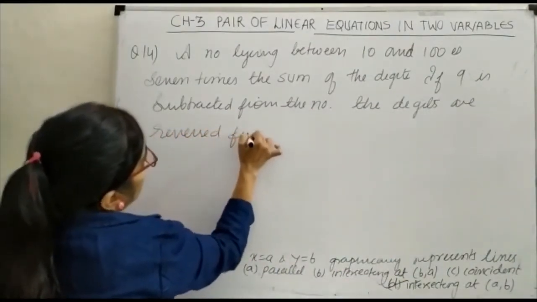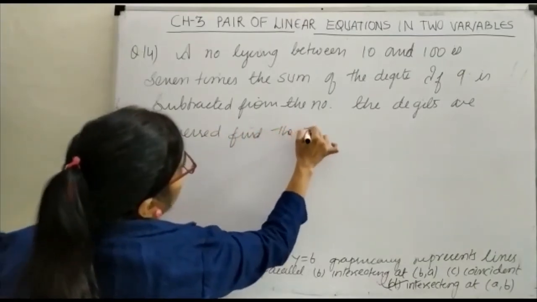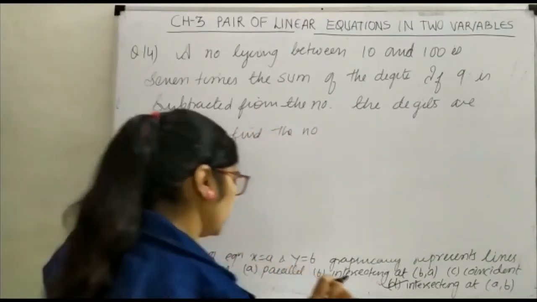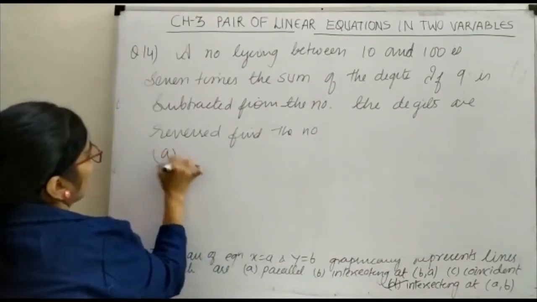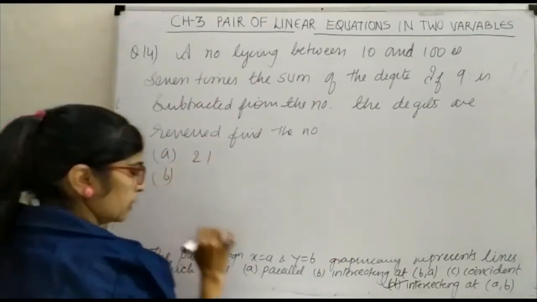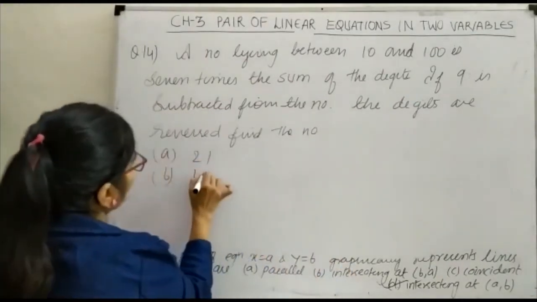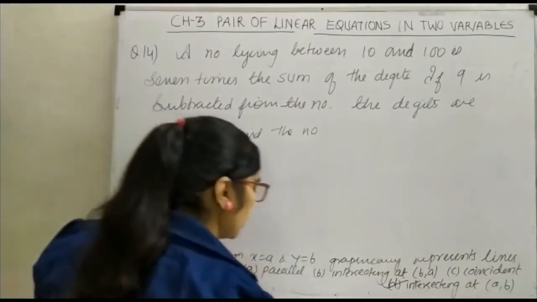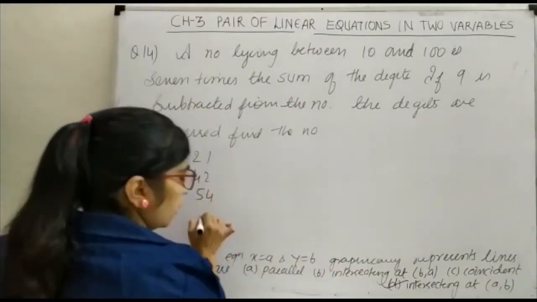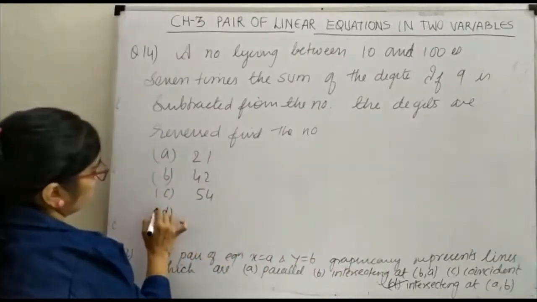Find the number. Your options are A, 21, B, 42, C, 54, and D, 63.